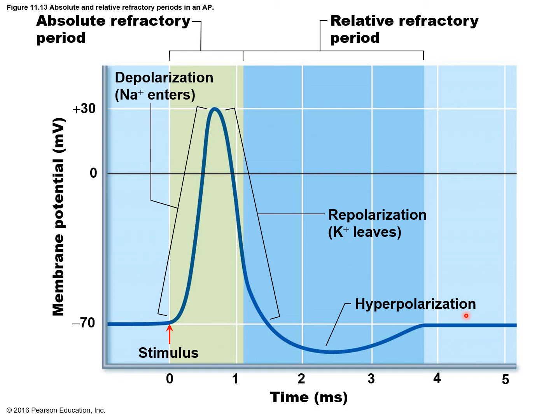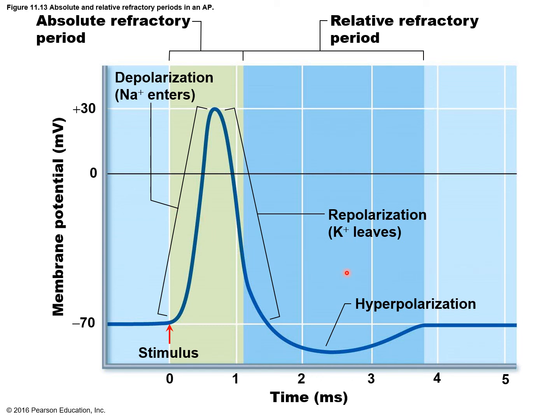So if you look at this graph, here's your initial stimulus right here. This kind of green shaded area, during depolarization and partway through repolarization, is the absolute refractory period. So you cannot respond to another stimulus at this time. You're not going to generate an action potential.